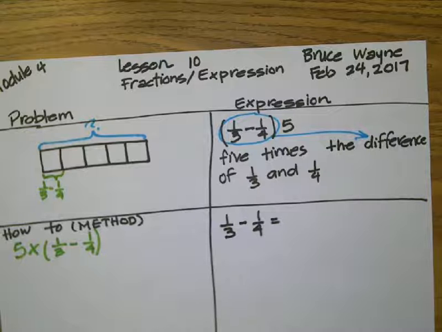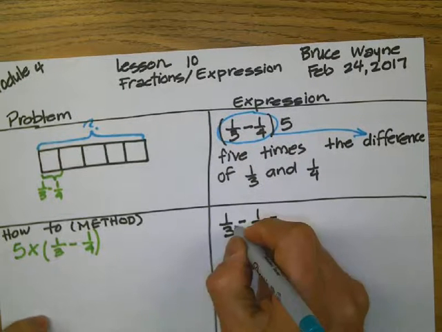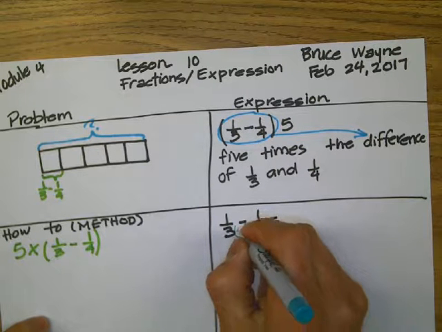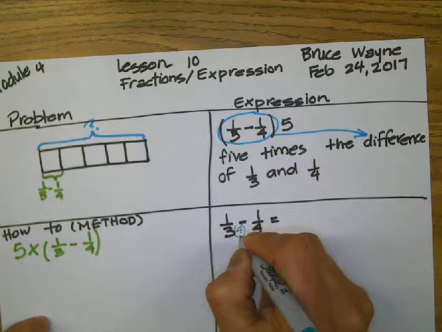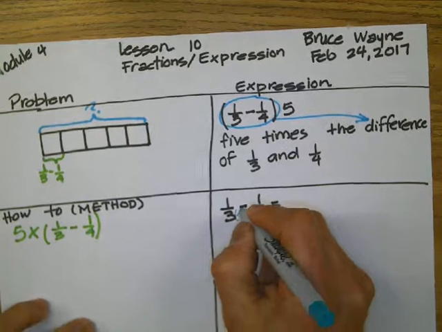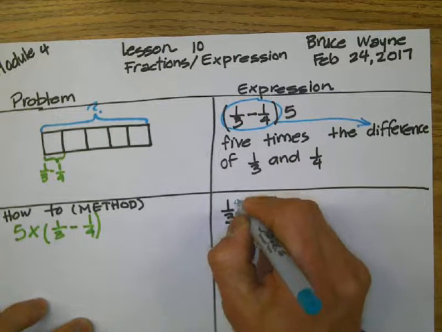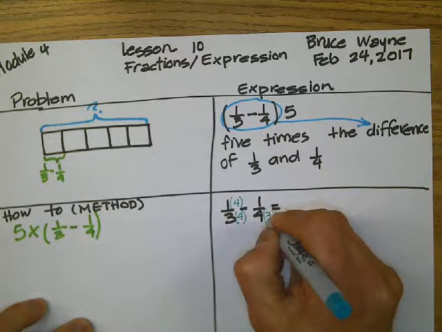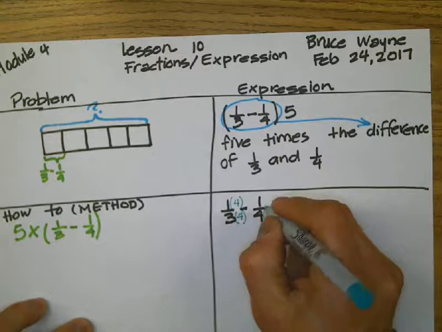So we're going to multiply opposite denominators. So we're going to multiply 3 times the 4. And what you do to that denominator, you do it to the numerator, which is 4 times 1. And now the 4 is multiplied by 3, which is the opposite denominator. And we follow the same procedure for the numerator.